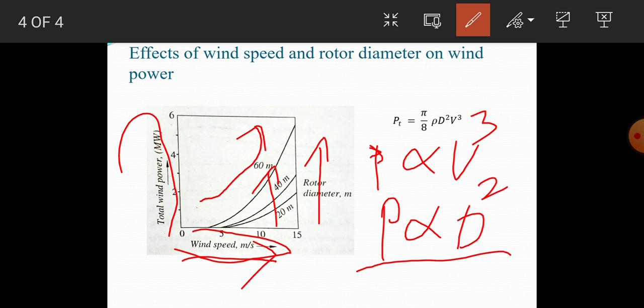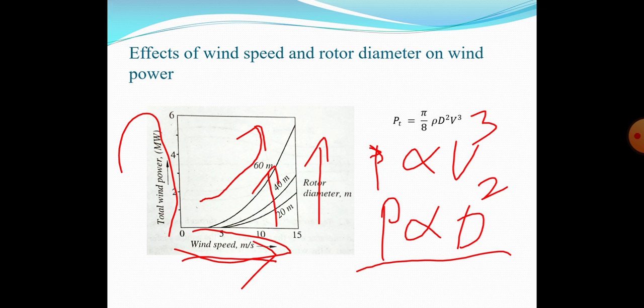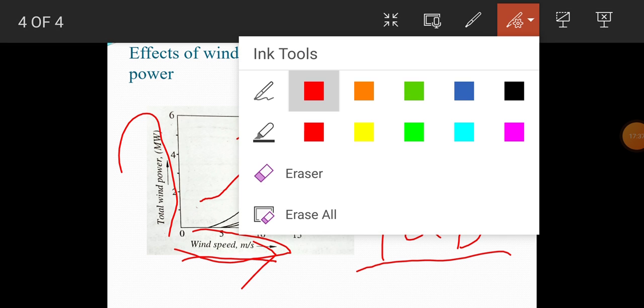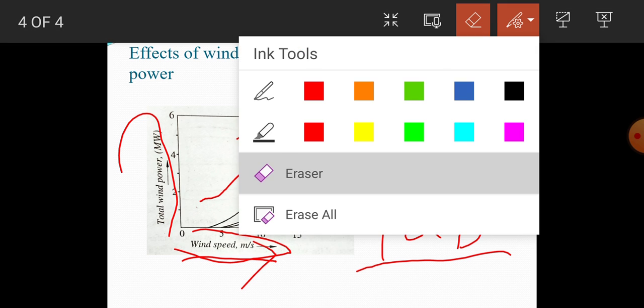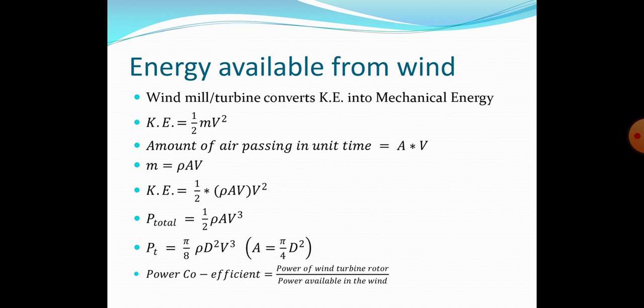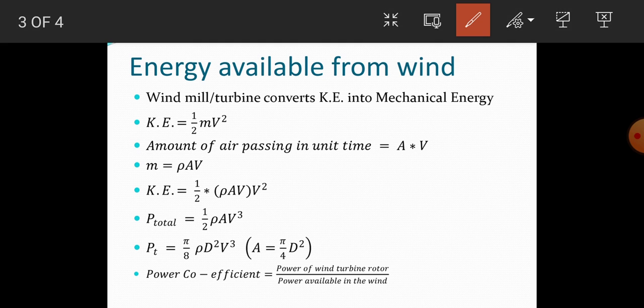The next topic is power coefficient. So what is power coefficient? The fraction of the free flow wind power that can be extracted by a wind turbine or rotor is called the power coefficient.